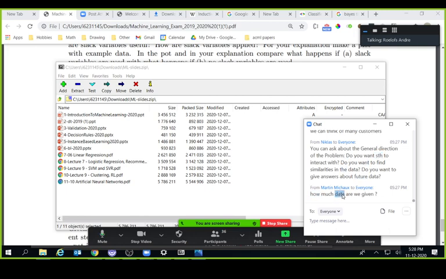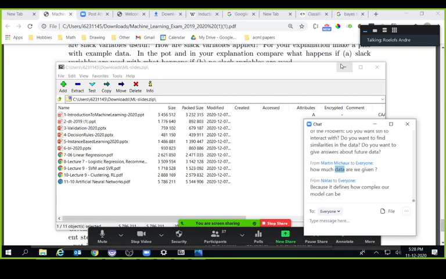How much data are we given? Okay, why is that important? That's a good question, but why is that important? Definitely. If you have a lot of features and very little data, you could analyze what kind of weight the features have on each other.